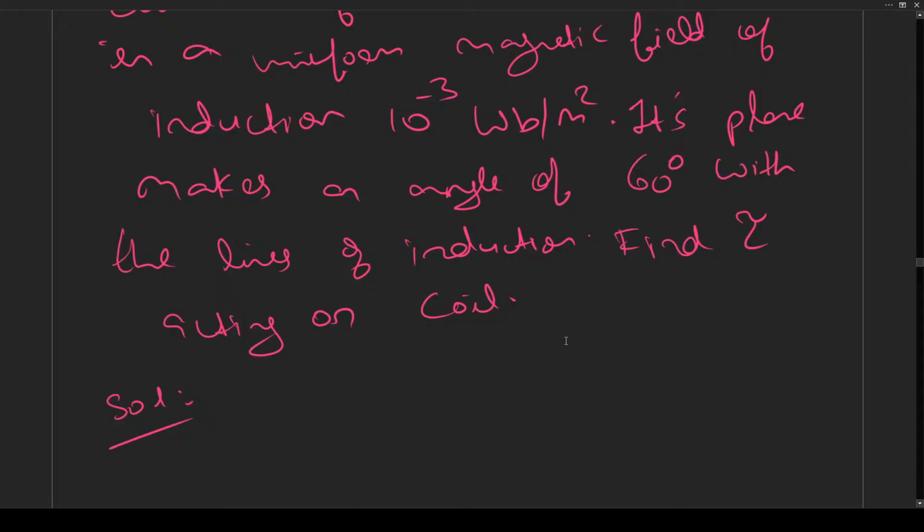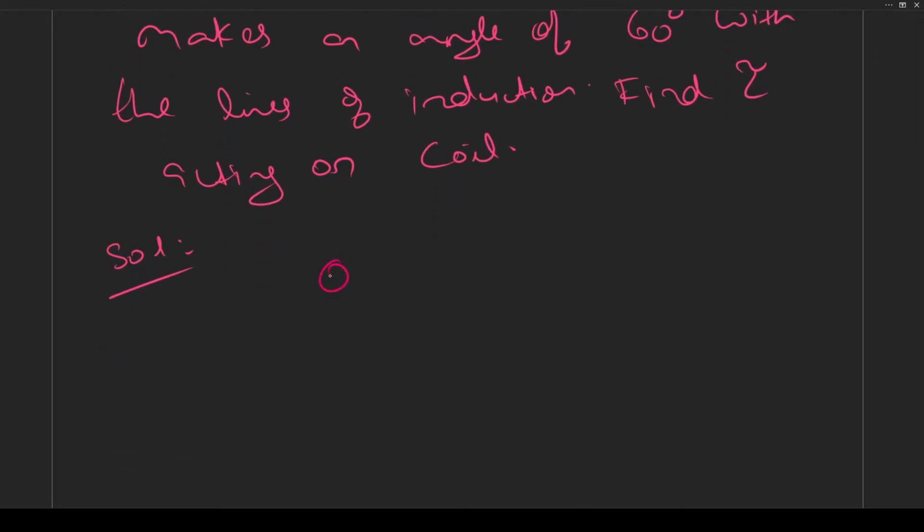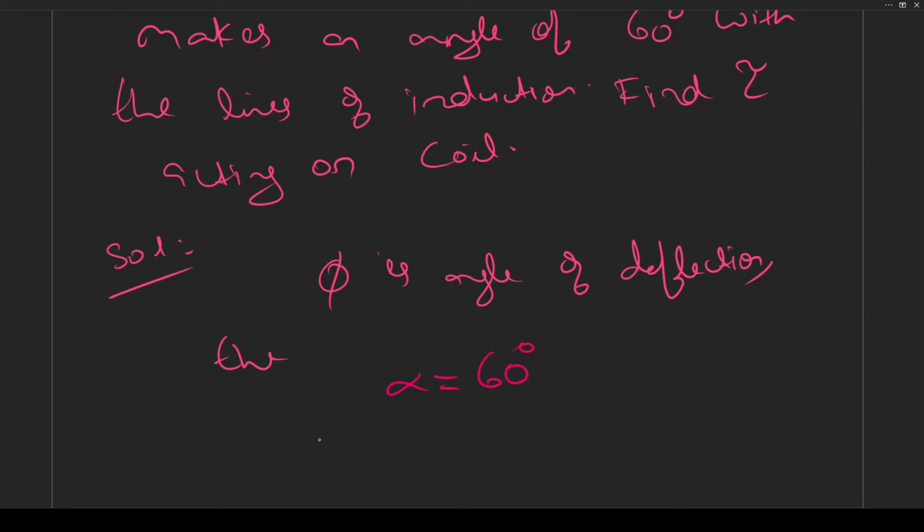If phi is the angle of deflection, then alpha is equal to 60 degree, and phi we can calculate as 90 minus 60 degree, which is equal to 30 degree.